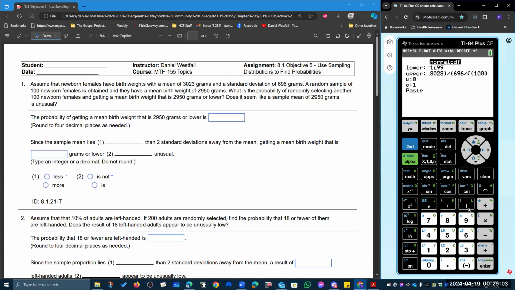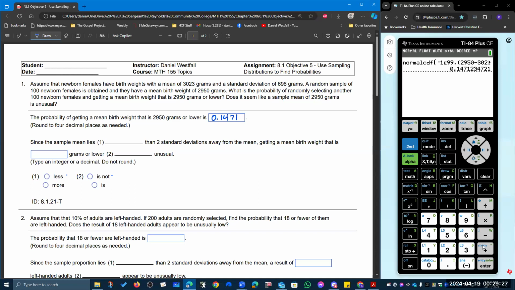Close parentheses for the square root, close parentheses for the denominator. That's a z value, so I'm going to let mu be 0 and my standard deviation be 1. And this is going to be 0.1471.